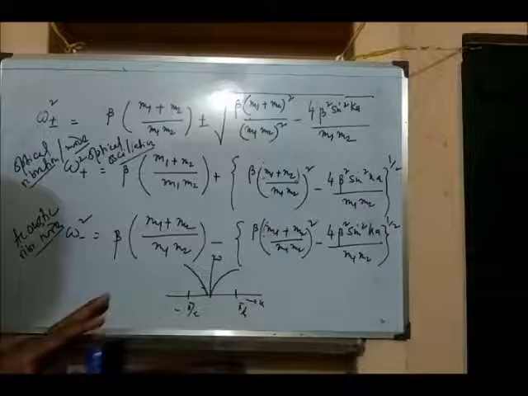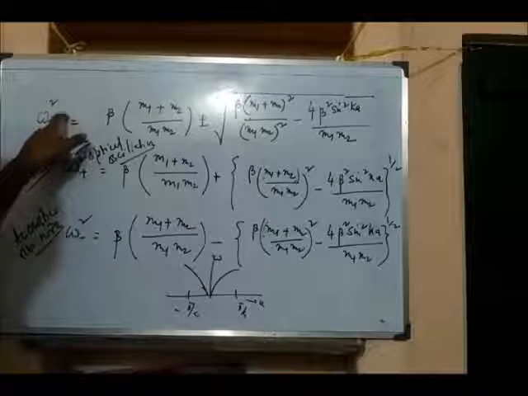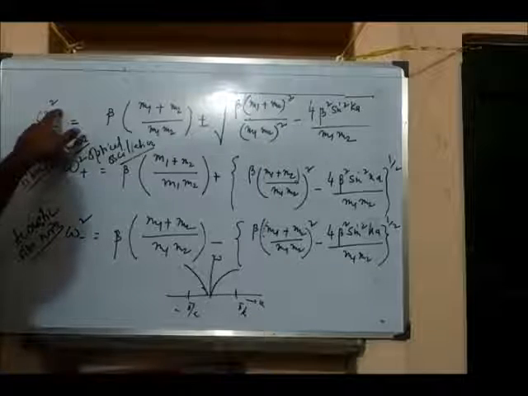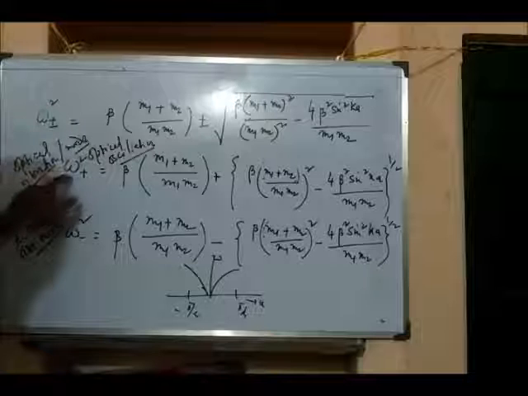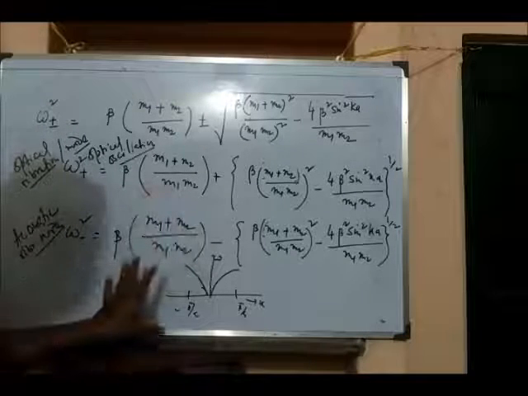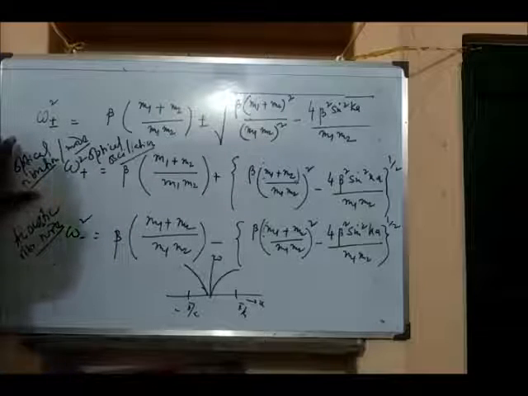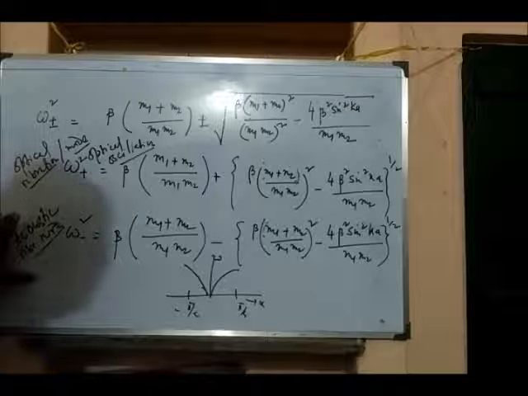Sorry for the notation: this will be omega square. I had written it wrongly previously, so this will be omega plus square, omega minus square. But the frequency is basically different. One is the optical mode of vibration, another is the acoustic mode of vibration.